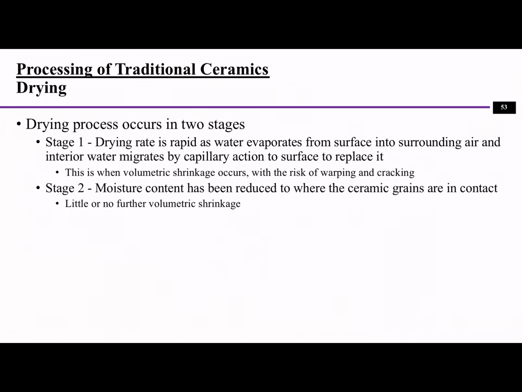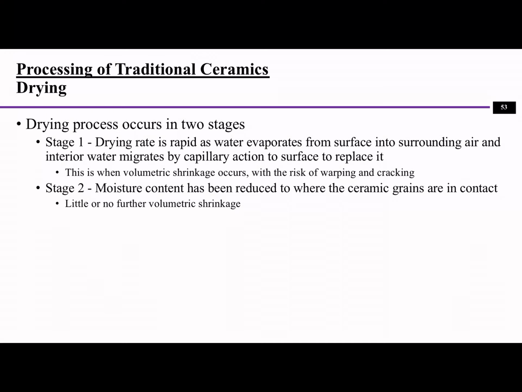Then drying. The drying process occurs in two stages. In stage one, the drying rate is rapid as the water evaporates from the surface into the surrounding air, and the interior water migrates by capillary action to the surface to replace it.